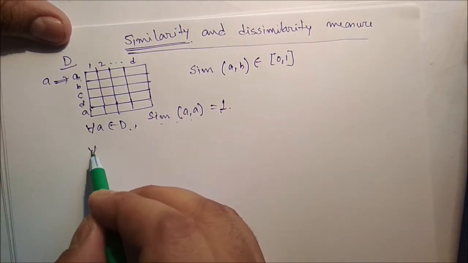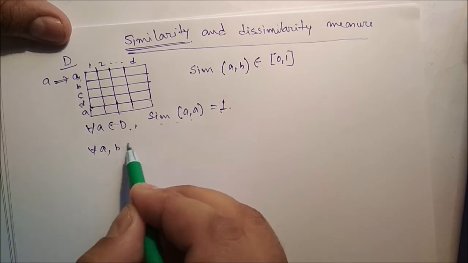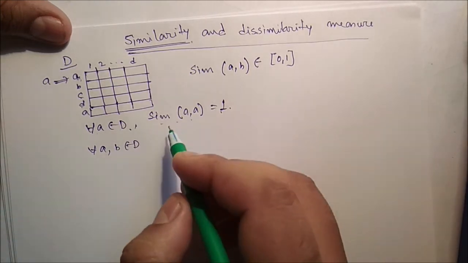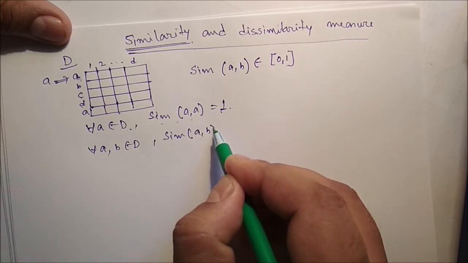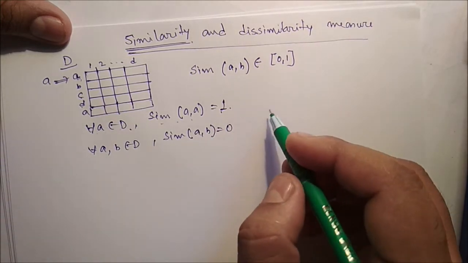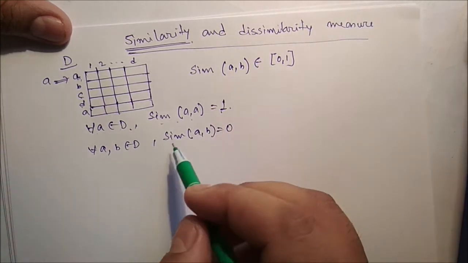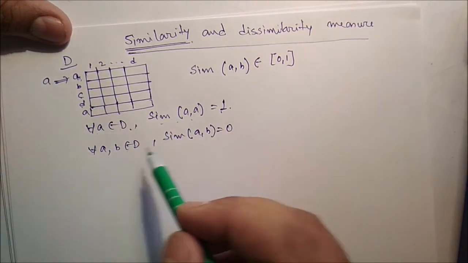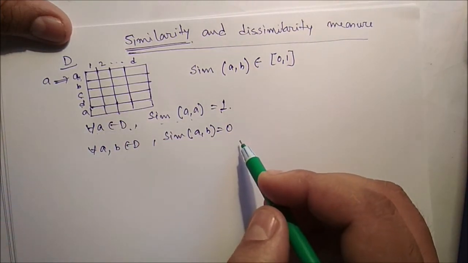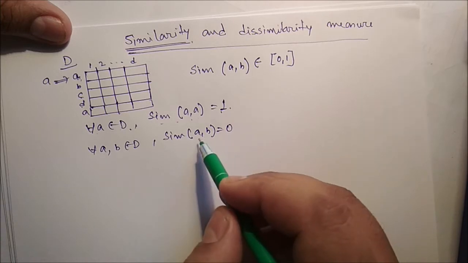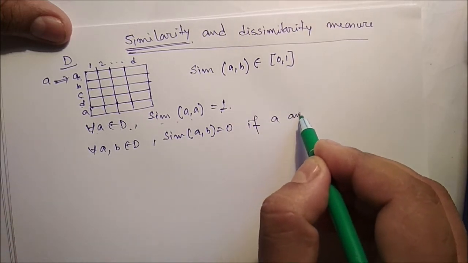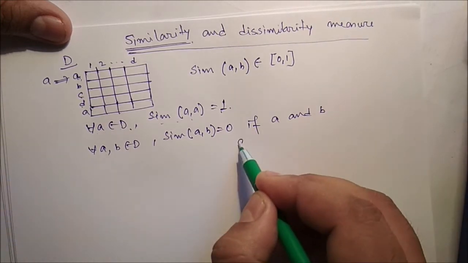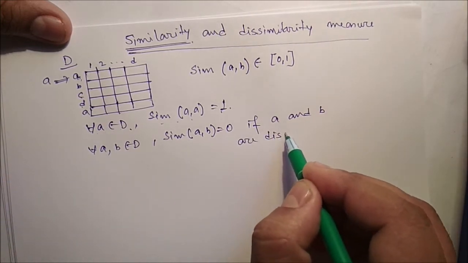And for all A and B belongs to D, similarity between A and B is equal to 0 if A and B are dissimilar. If A and B are completely different, then the similarity between A and B should be 0.